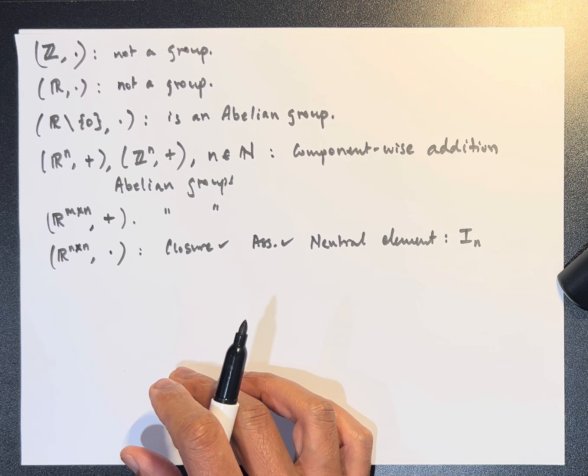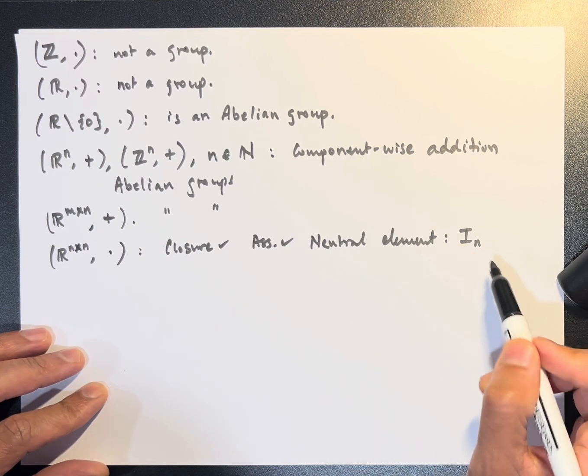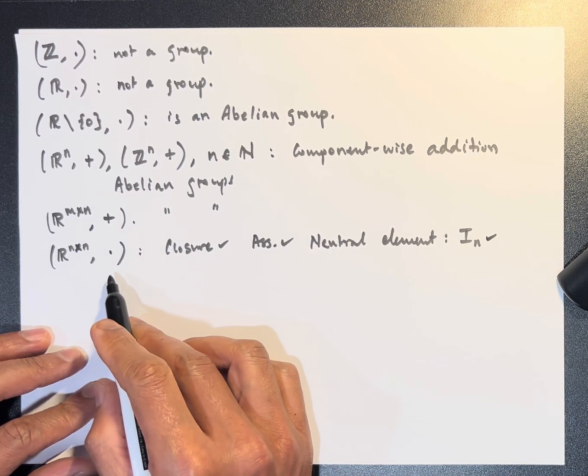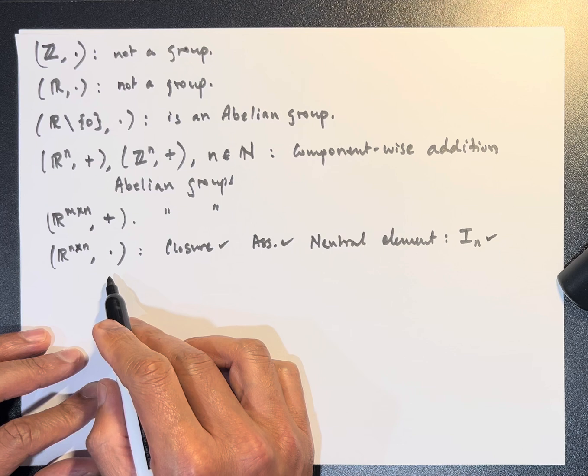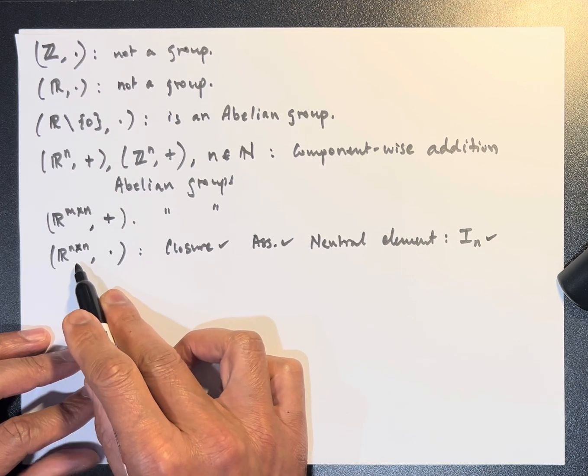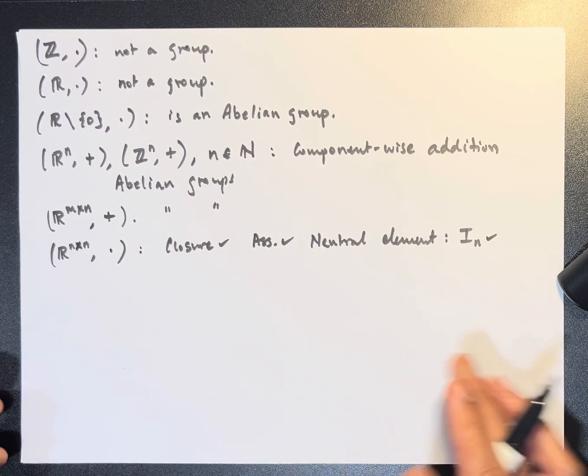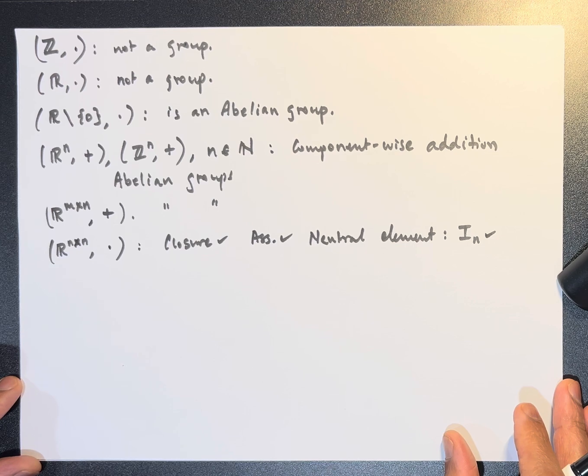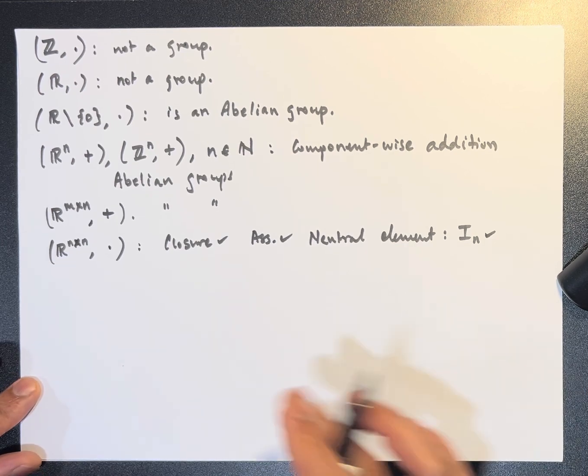So what they are saying is a little bit interesting. These three properties are all good. But if I just generally take R^(n by n), it's not going to be invertible. We've seen many examples where not all n by n matrices are invertible.